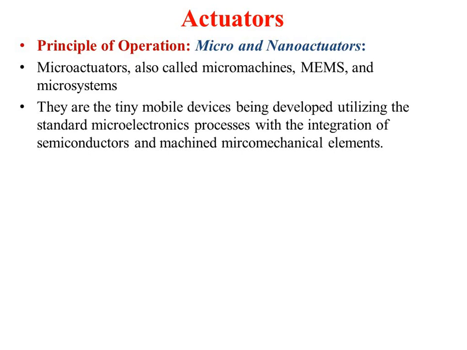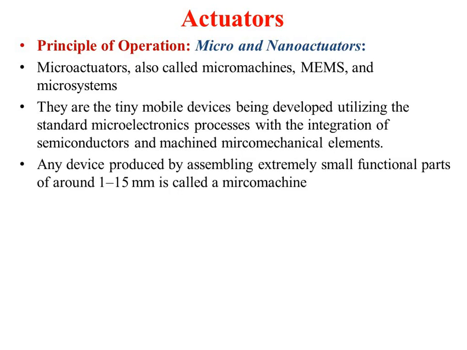So the element should be of mm type or less than mm. A device produced by an assembly of extremely small fractional parts, of around 1 to 15 mm, is called a micro machine.